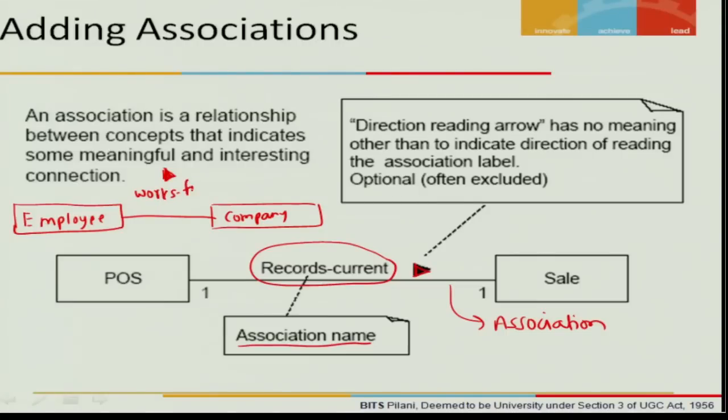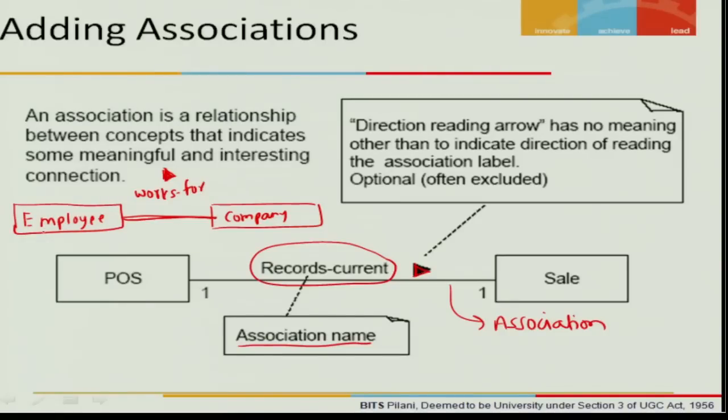Now even if we say the left to right reading direction is there, so employee is related to company, company is always also related to employee. So the relationship should be two ways. Even if we are not giving any direction over here, it is always bidirectional.